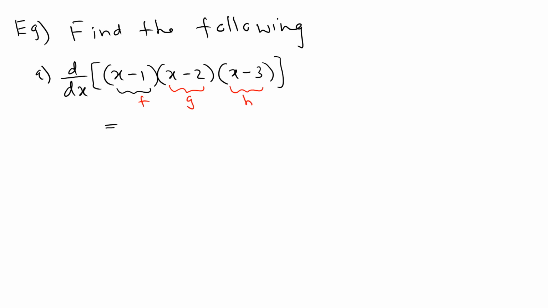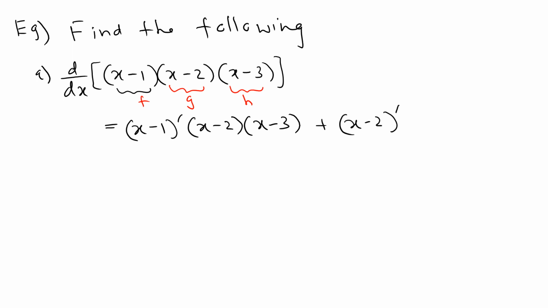So what does the formula say? Find the derivative of the first one, multiply by the other two. Then find the derivative of the second one, multiply by the other two. And then find the derivative of the third one, multiply by the other two.